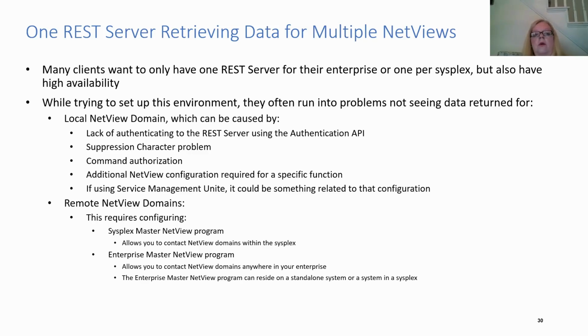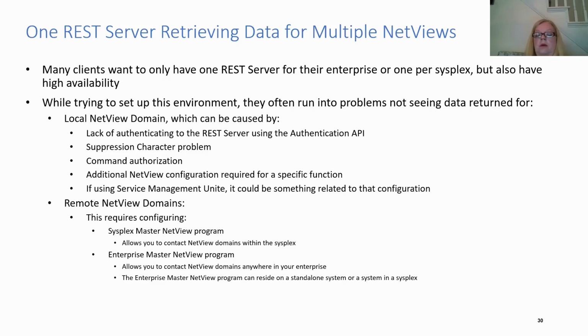So if you're not seeing data for the local NetView domain, it could be lack of authenticating to the REST server. It could be the suppression character problem that I mentioned. It could be incorrect command authorization. It could be that the data they want to retrieve requires additional NetView configuration to get the data to return.